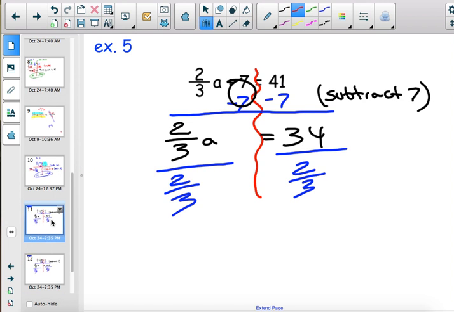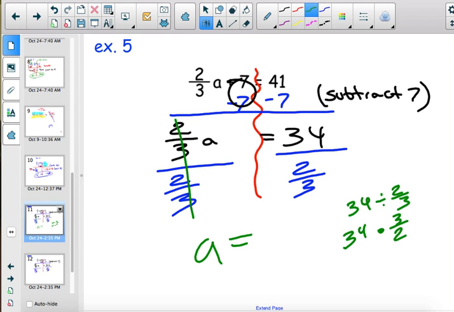Alright. So some people say divide by 2/3 on both sides. They're gonna say this is gonna one out. A equals 34 divided by 2/3. Keep it, change it, flip it.